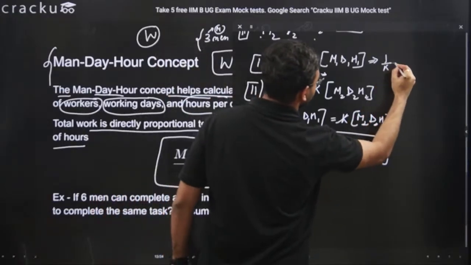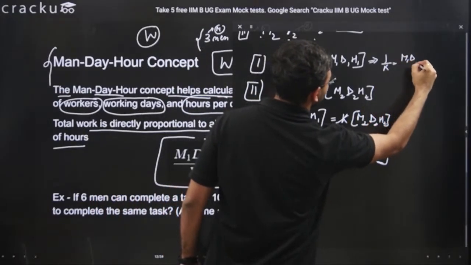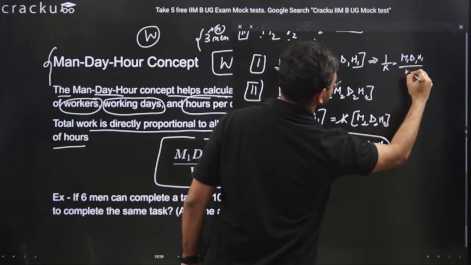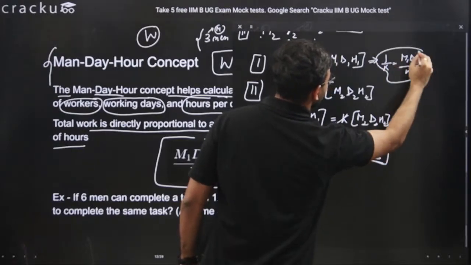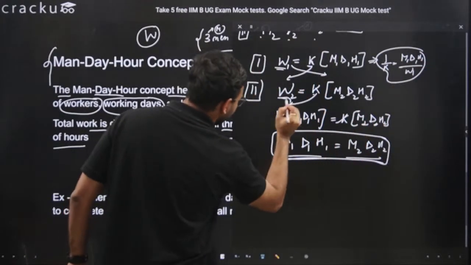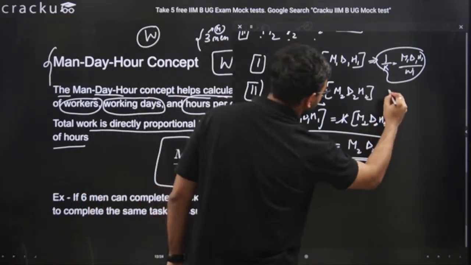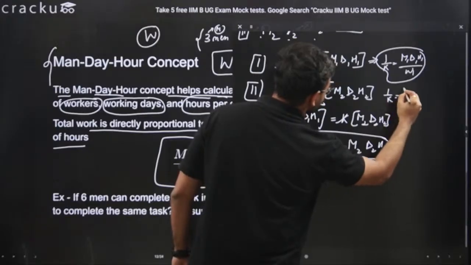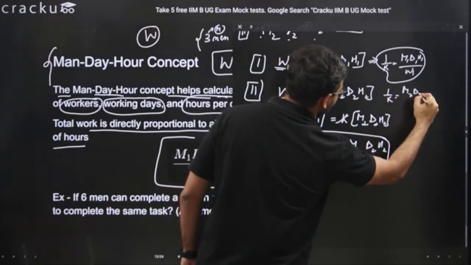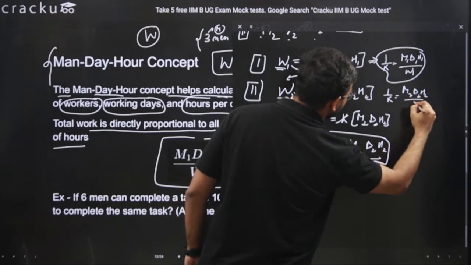So 1 upon K will be M1 D1 H1 divided by W1. And similarly, this K you can take down and this W2 you can take to the denominator on the right-hand side. So again 1 upon K is equal to M2 D2 H2 divided by W2.